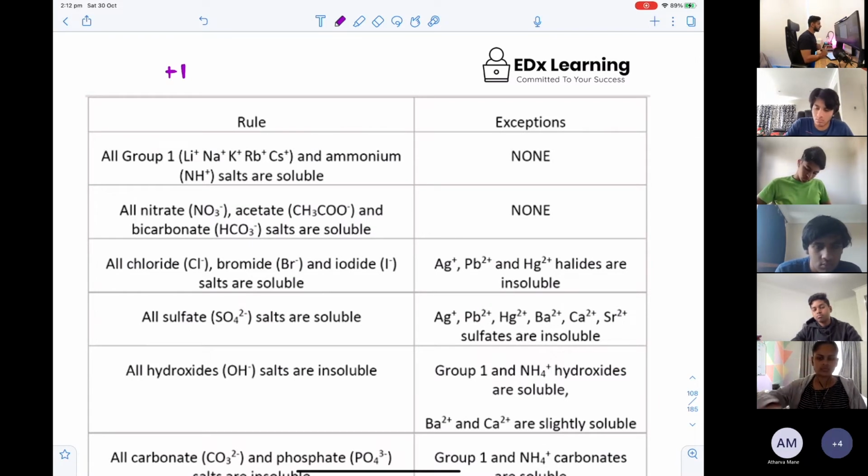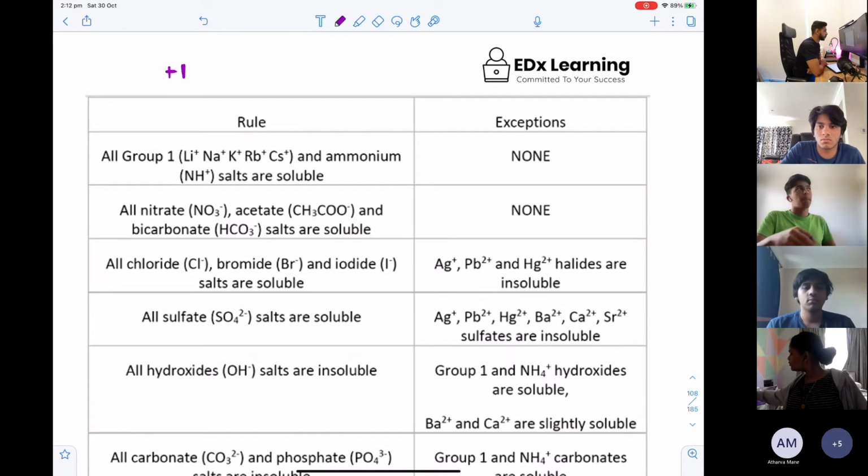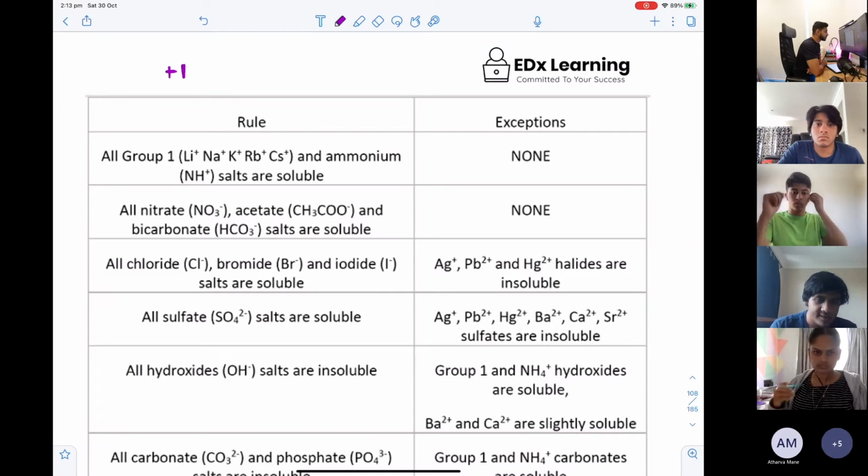And what's the polyatomic ion that we just went through that had a +1 charge, Rabab? Do you remember? There's one polyatomic ion. Ammonium. Very good. Ammonium. So all group 1 metals plus ammonium salts are always soluble. You can never forget that, right?